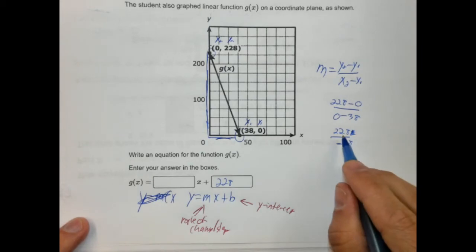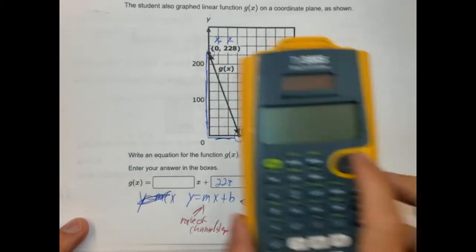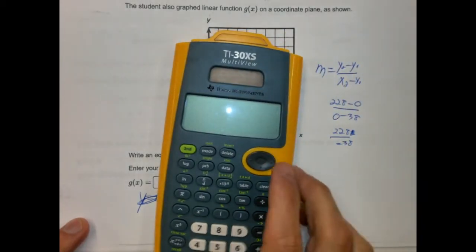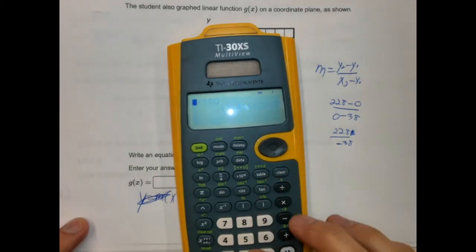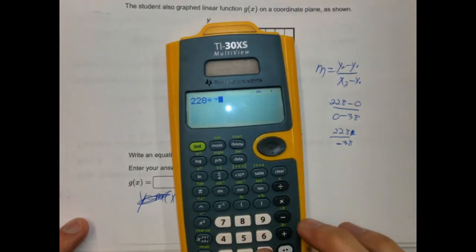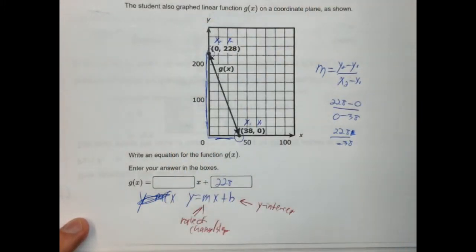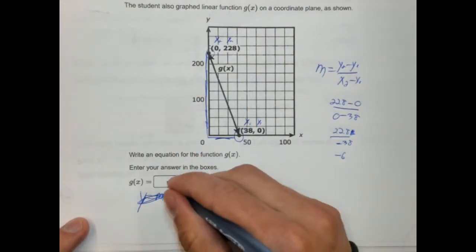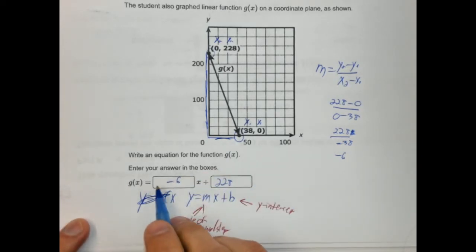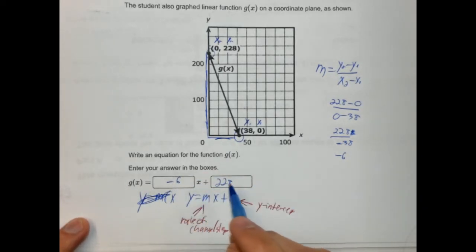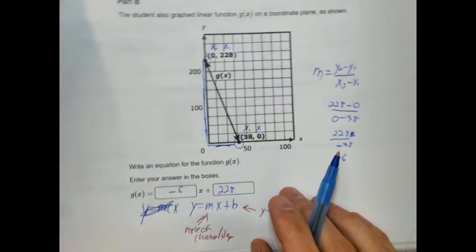So we're going to do 228 divided by negative 38. We can do it right here. 228 divided by negative 38 is negative 6. So that's our rate of change. So g of x is equal to negative 6x plus 228. That's our rate of change, and that's our y-intercept.